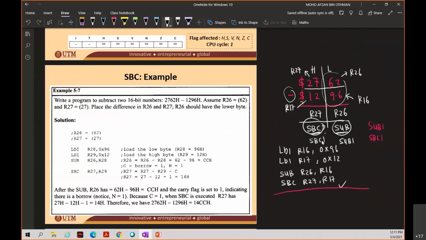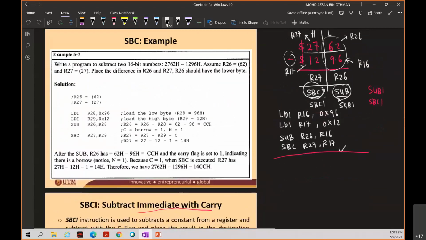If you use these instructions, you no longer need to load to R16 and R17. This value no longer needs to be loaded into registers, because you can make it immediate data.